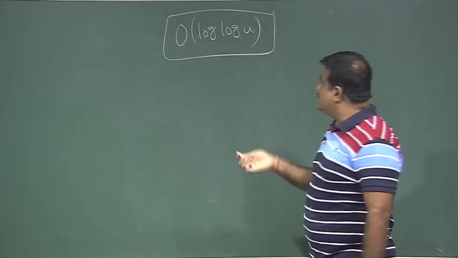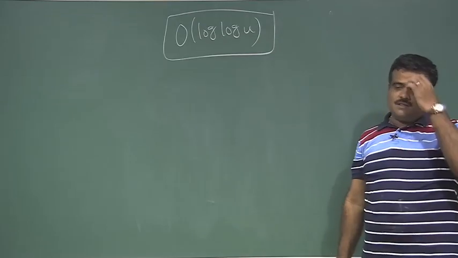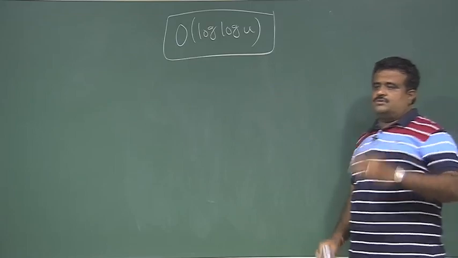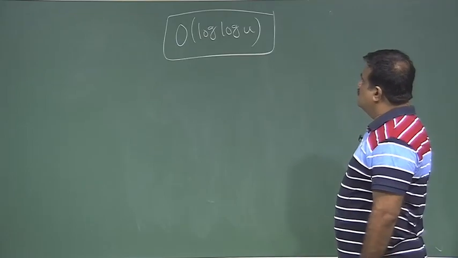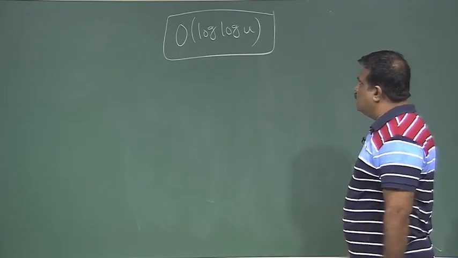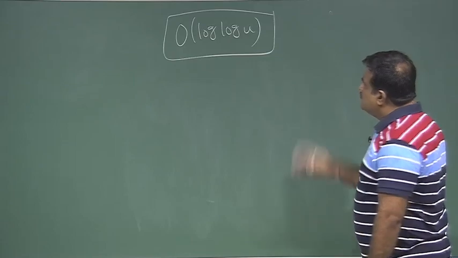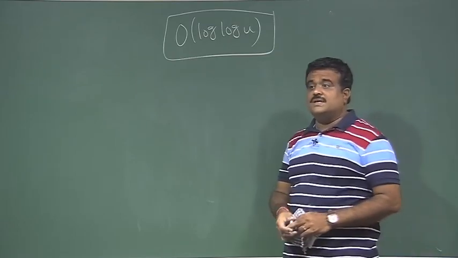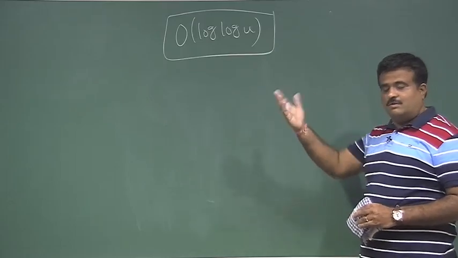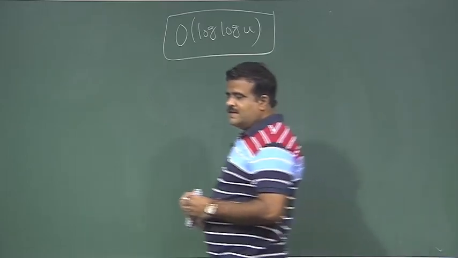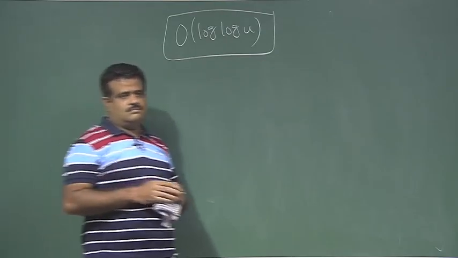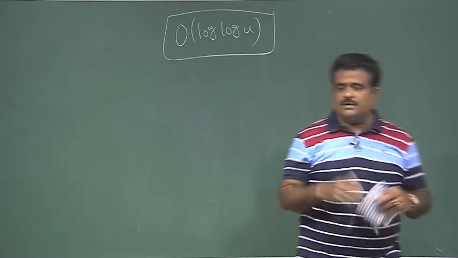We want a data structure for which we are able to find the successor, or insert, in order of log u. So how do we get the time complexity log u? We have seen it is log n, not log u.